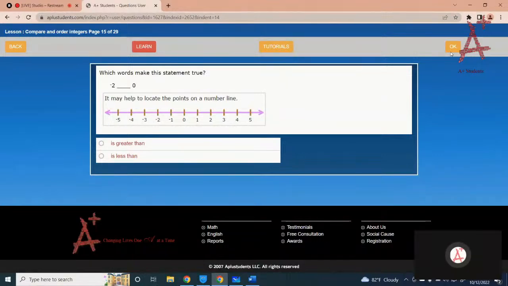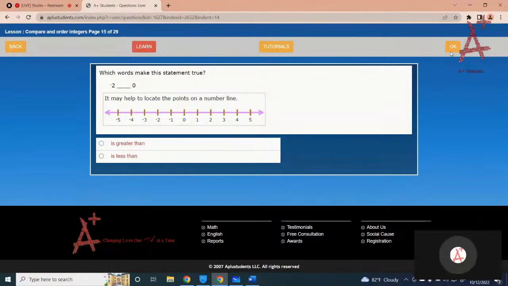Negative 2 is less than 0 or greater than 0? How is negative 2 greater than 0, Nancy? Please explain. I am repeating the sentence again and again.